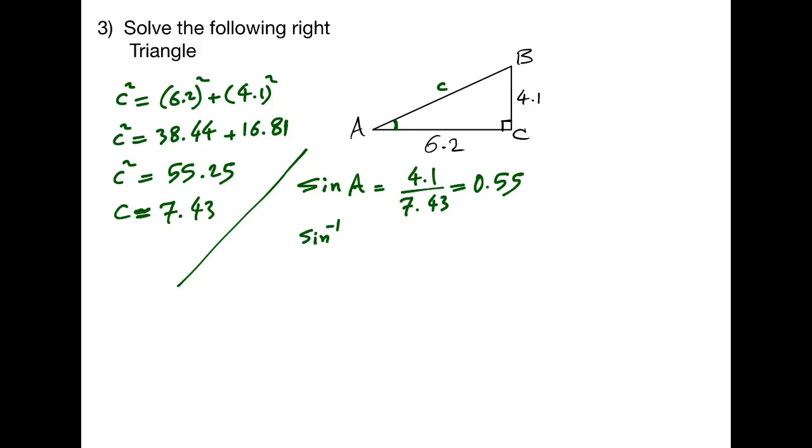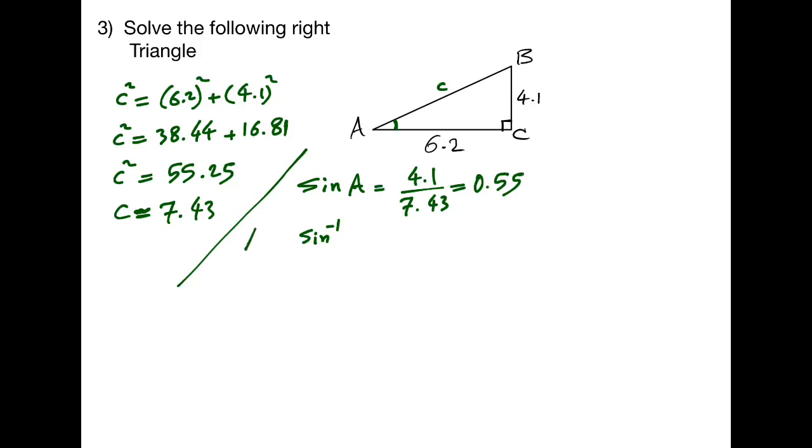That is the inverse function for sine, which we have to use here to find angle A. Whenever you have sine of an angle, to find the angle itself, we use the sine inverse operation. Maybe on your calculator you have to press shift and then sine, or maybe alpha and then sine. Depending on your calculator, you can easily find this operation.